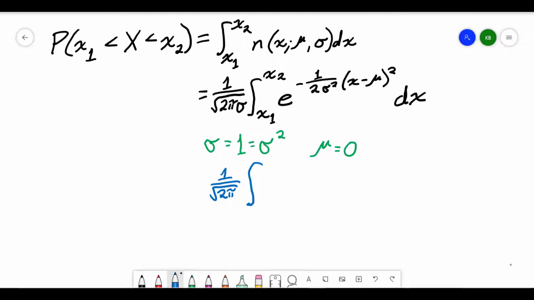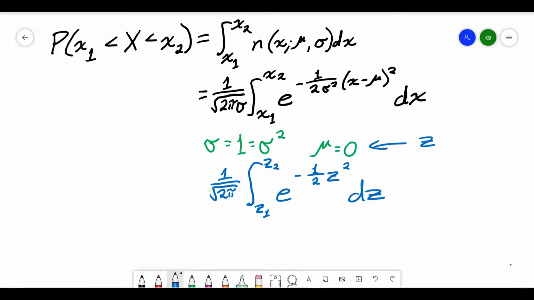We're in some kind of new normal random variable where these things are true. So let's say our random variable is z. We're going from z1 up to z2 of e to the negative 1 over 2 times the variance. Well, that's 2 times 1, so that's negative 1 over 2. And then my variable minus my mean, so z minus 0 squared. Well, that's just z squared, dz.